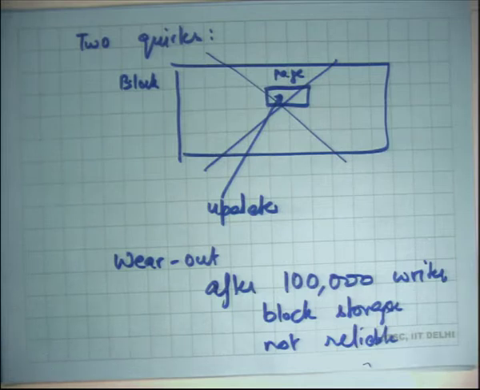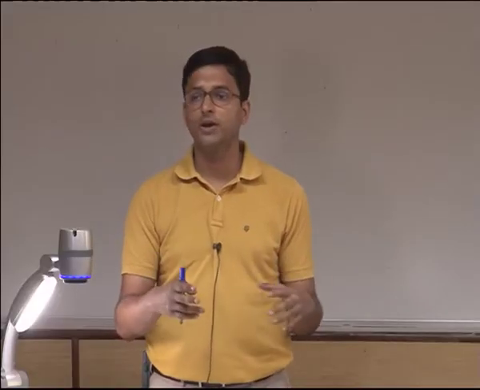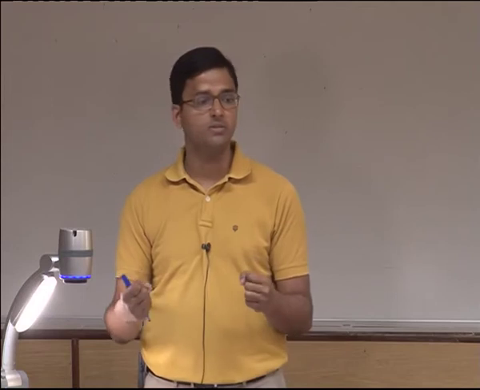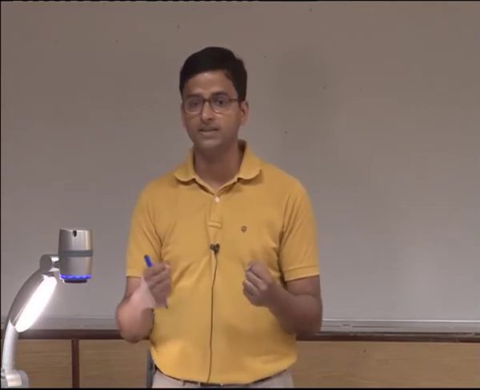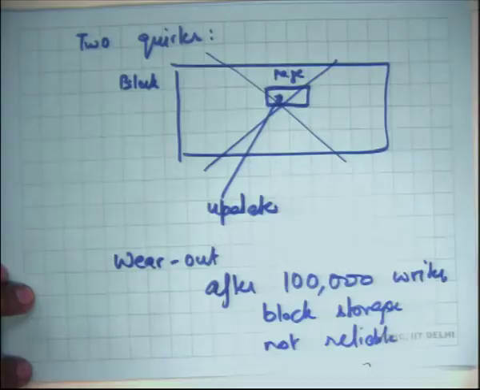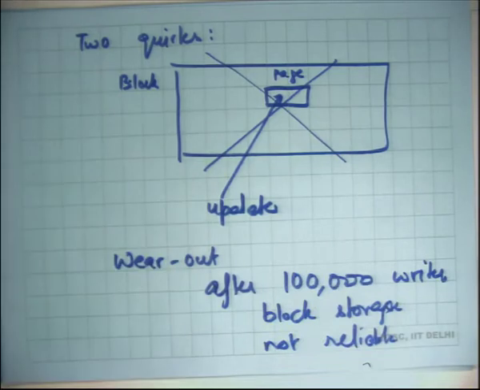These problems weren't there with the magnetic disk, right? So there's a huge amount of research and industry work going on to figure out if flash can be used as a replacement to magnetic disks for all the applications, and basically it involves dealing with these problems in an efficient way.